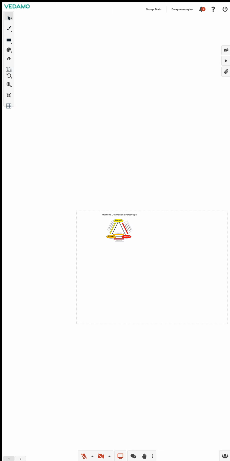Till that time, you can read this diagram and try to understand what this is saying, and then we'll come back again to the diagram. Is the numerator the top or the bottom? It's the top. Good morning, Miss Anderson.